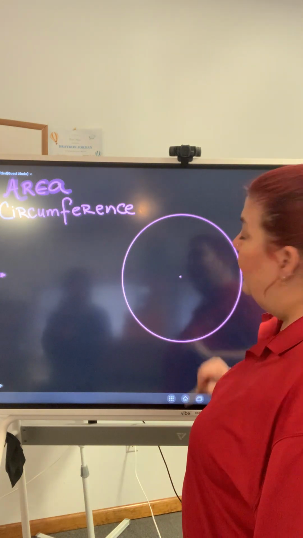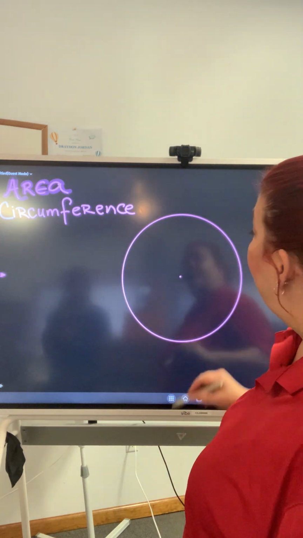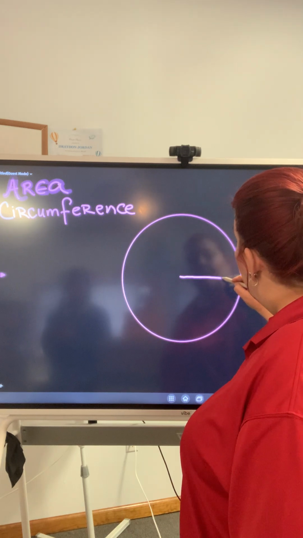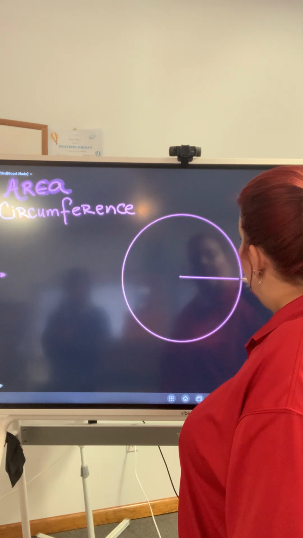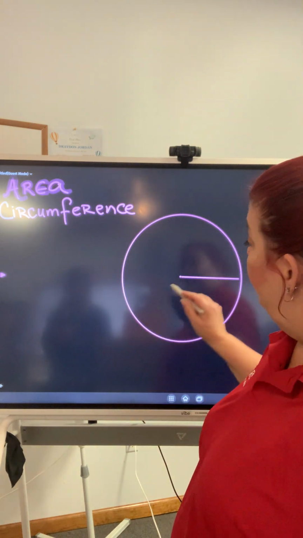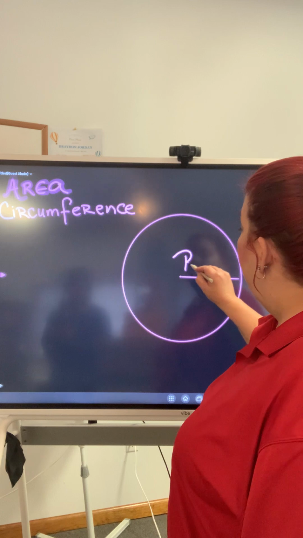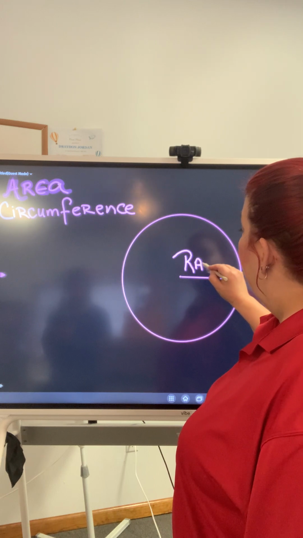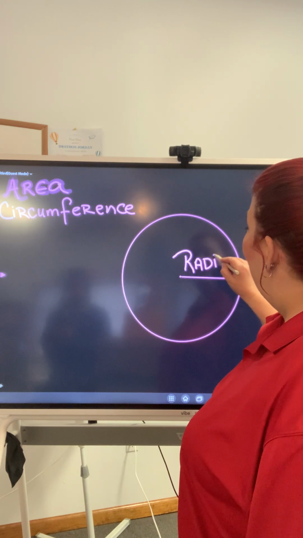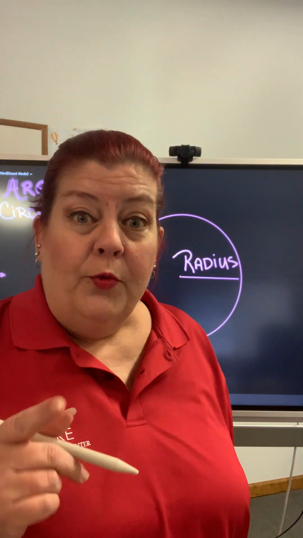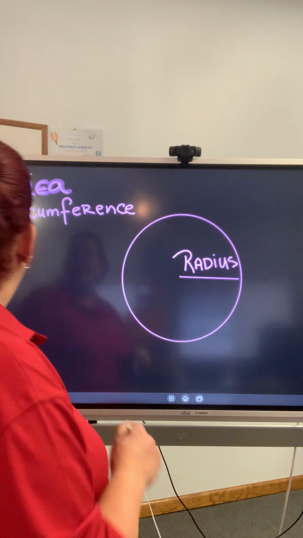Right here in the middle, we have a line. And that line from the middle out is called radius. And why do we need to know this? Because this is important information for the formulas, and you'll see in a second.